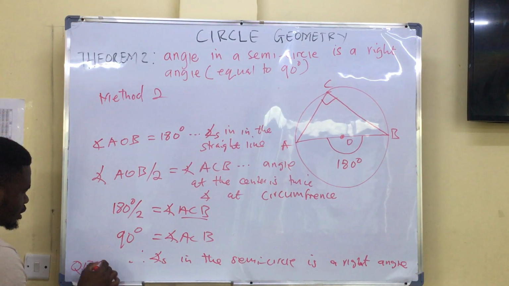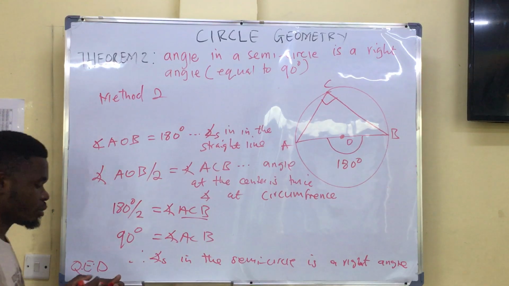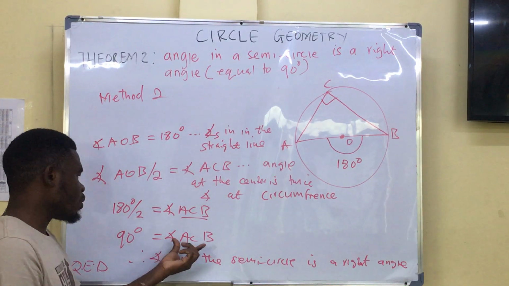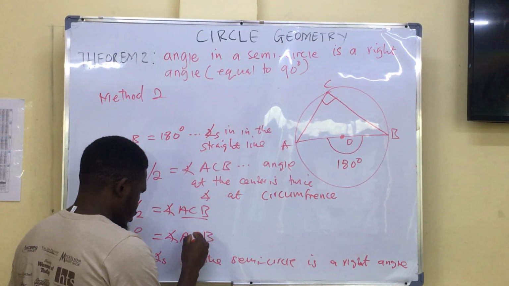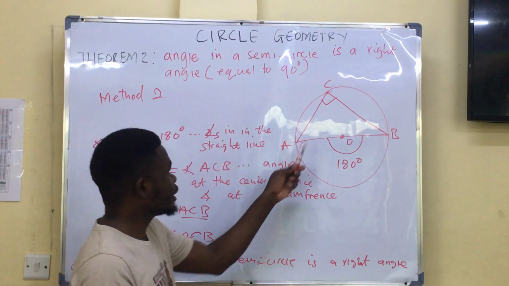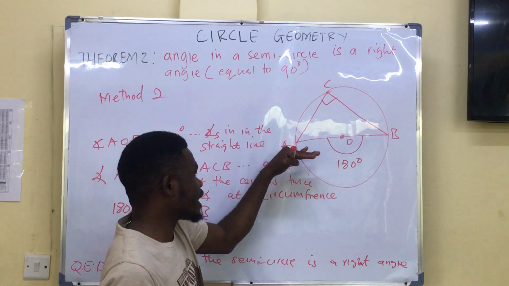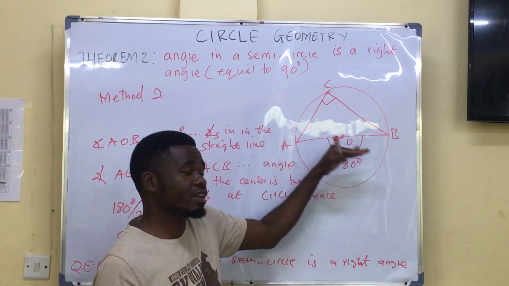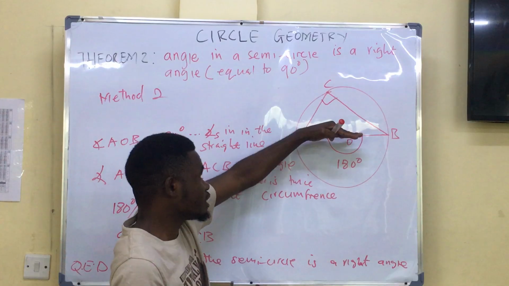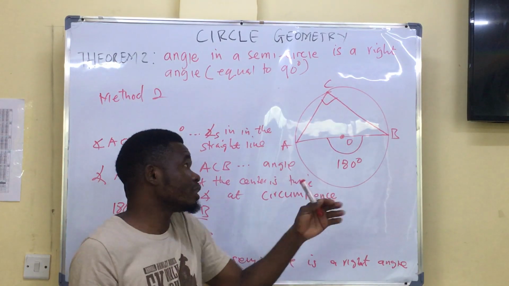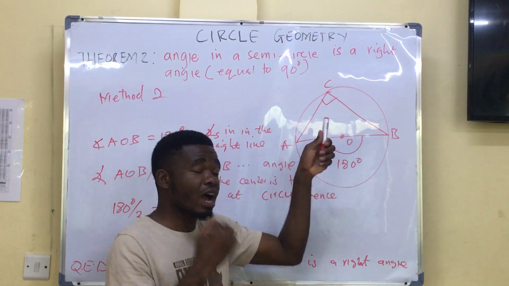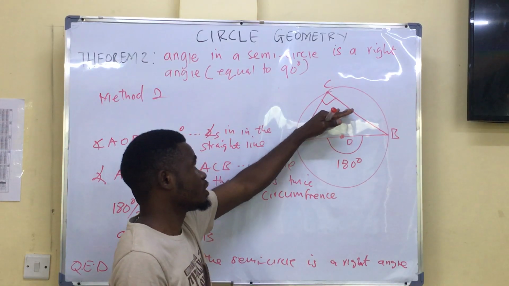QED means quite easily done. Why? We are done. Angle ACB is an angle formed in a semicircle because this line AOB is a diameter dividing the circle into parts. So the upper part is a semicircle. Meaning this angle ACB is an angle formed in a semicircle.